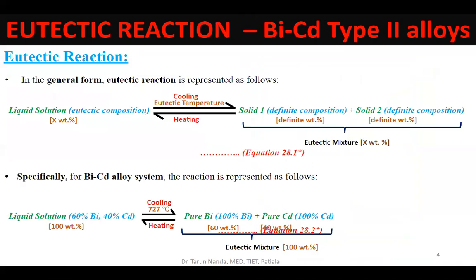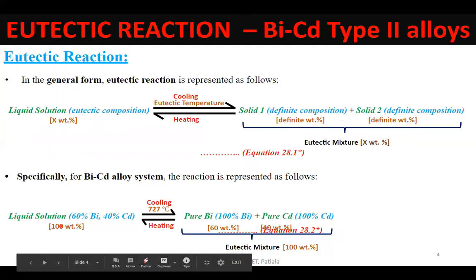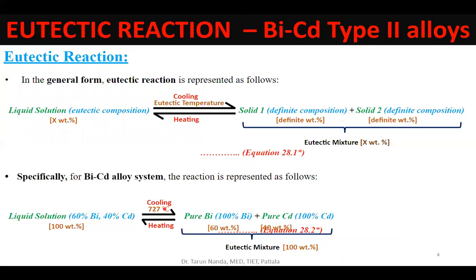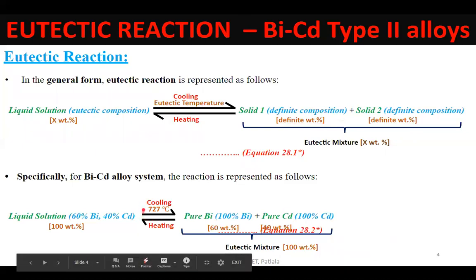For your reference, I have again written down the eutectic reaction: liquid solution of eutectic composition, if present, forms two new phases called the eutectic mixture. Specifically for the bismuth cadmium alloy system, this liquid phase has to be a liquid solution of this composition. And if this is present at the eutectic temperature, sorry students, this should have been 144.